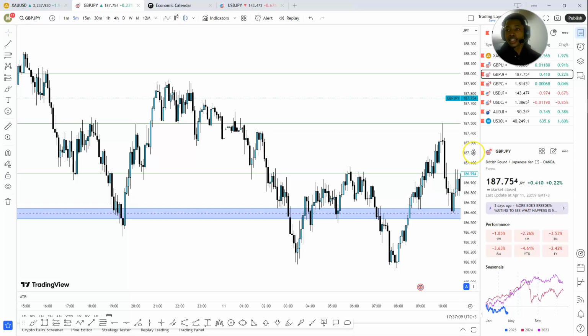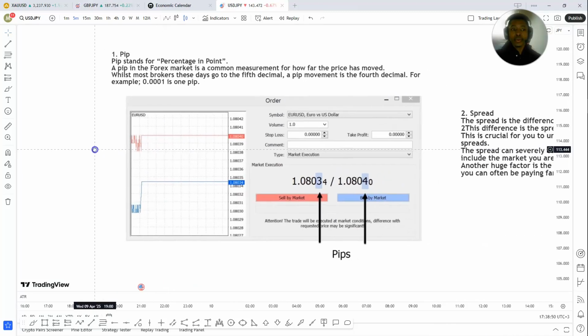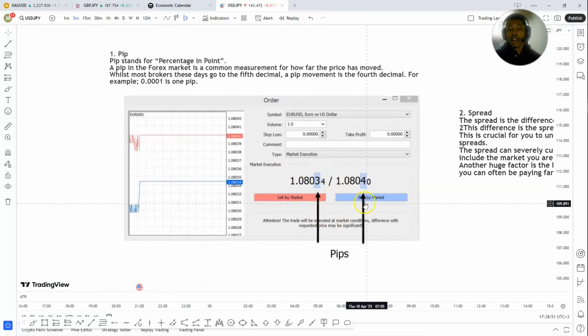The second digit after the decimal place is 1 pip when we are counting on GBP JPY. The same applies to USD JPY. Here is an example of how it shows on the M5. I just took a screenshot before so that we do not waste much time logging in to M5 and here and there.